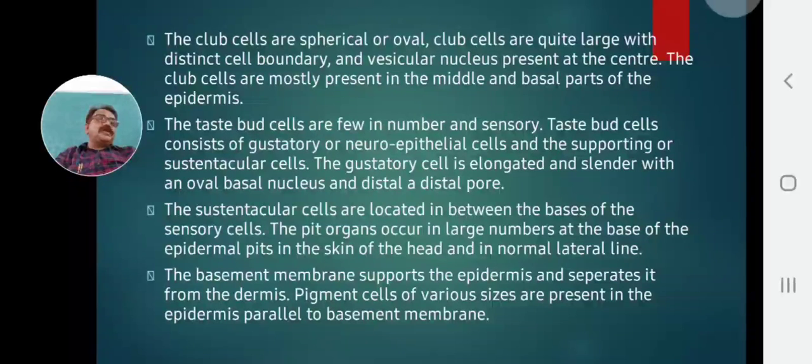A number of cells are present, such as club cells, taste bud cells, other gland cells, pigment cells, glandular cells, and basement membrane cells, and hence it is called a complex sheet of tissues. And this epidermis is thin, but the maximum number of cells are found in the epidermis.